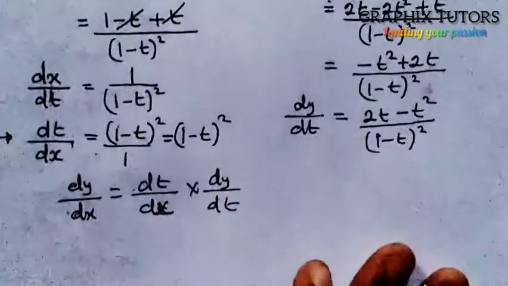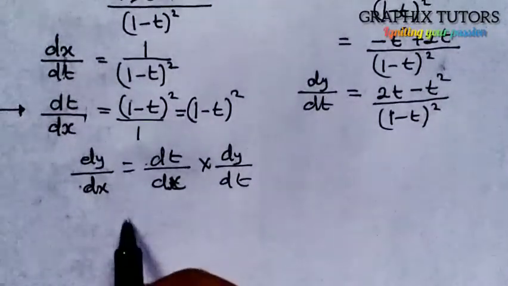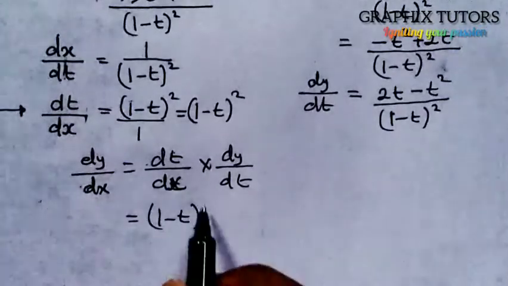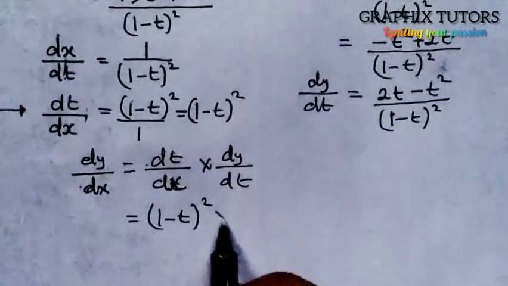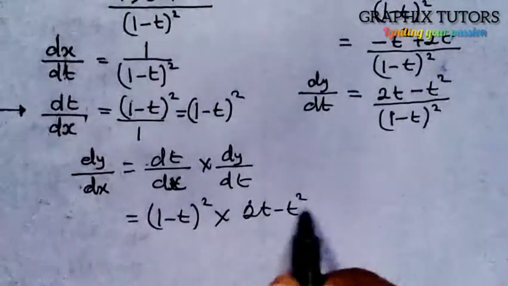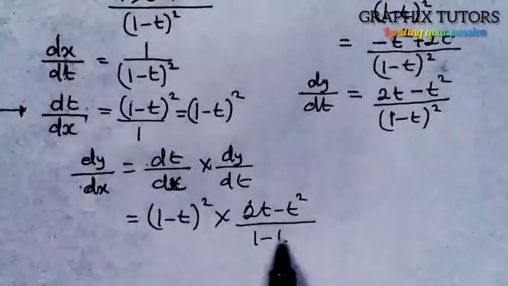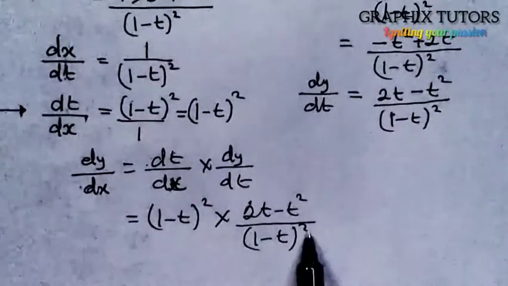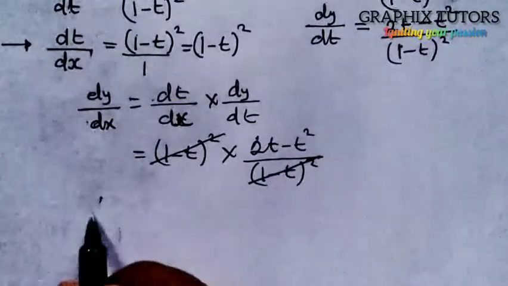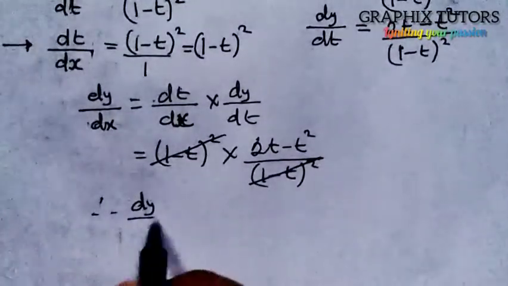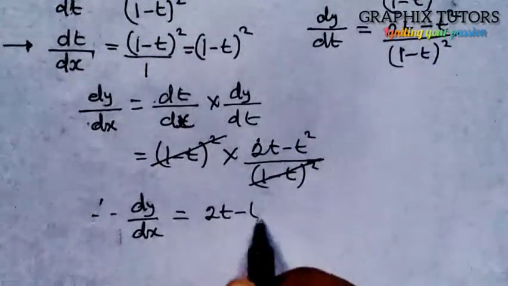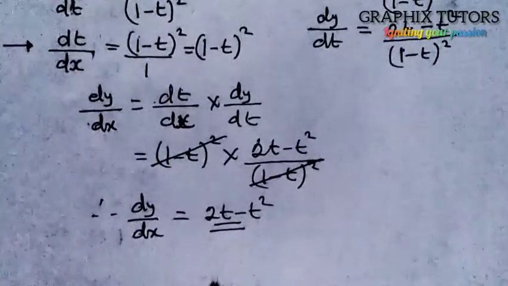So if you put your values here, you discover that my dt over dx is 1 minus t all squared, and dy over dt is 2t minus t squared all over 1 minus t all squared. Now this will equate this. So we'll now say that therefore my dy over dx will now give me 2t minus t squared. So this is my answer.